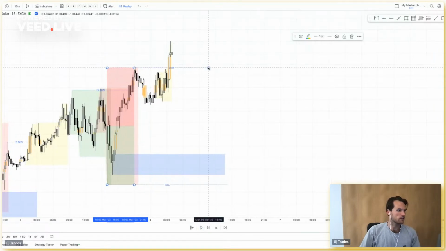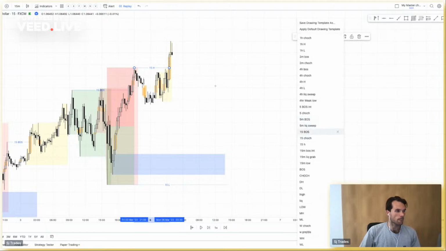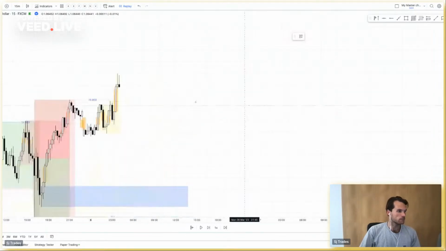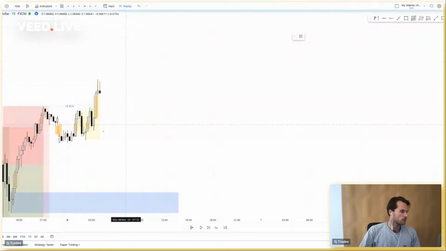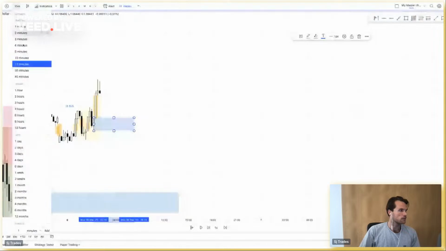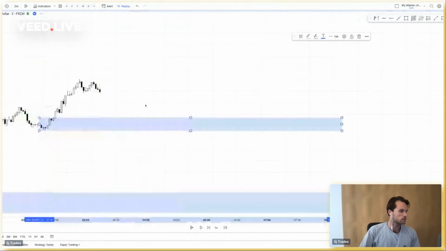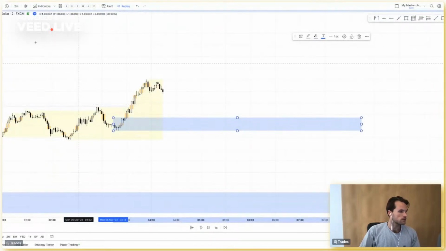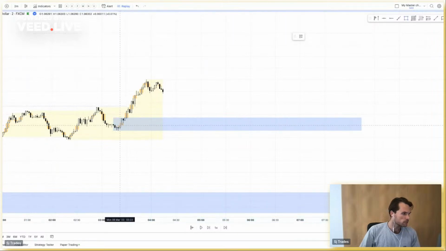Okay, nice. We've got a break of structure. Okay, so 15, it's been mitigated. Let's have a look. Quite small. So this is the case.